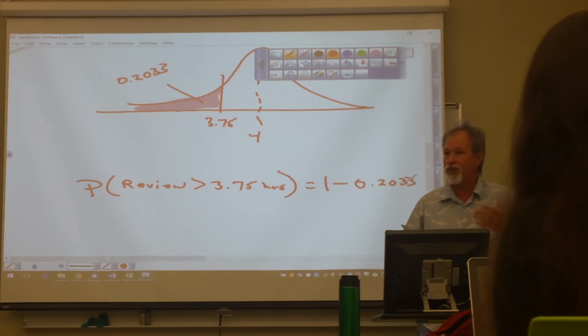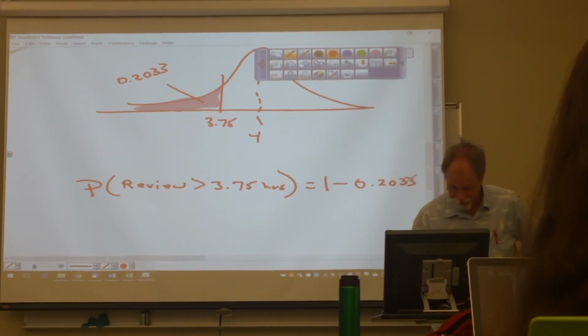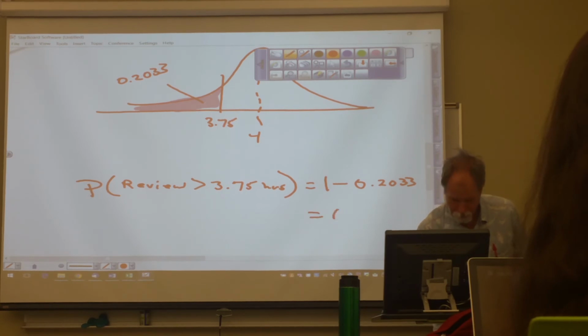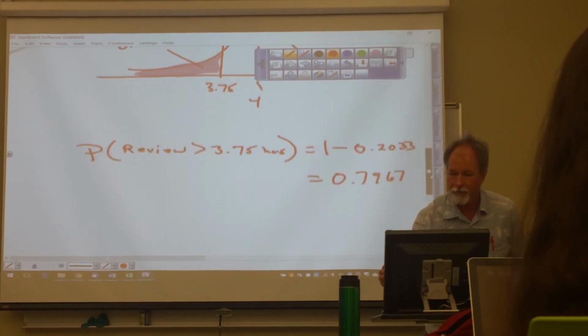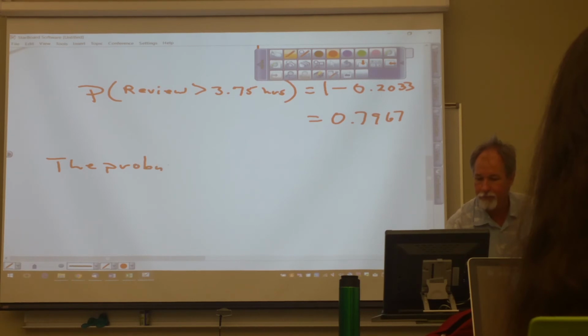So 1 minus 0.2033 is 0.7967. So what am I going to state? The probability of the review taking more than 3 hours and 45 minutes is 79.67%.